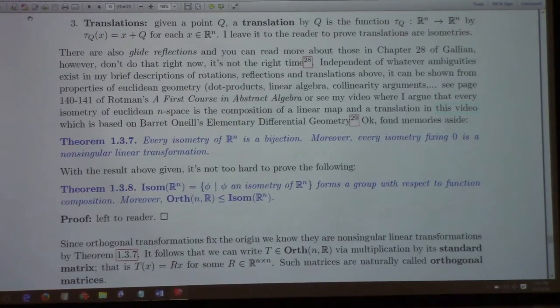Once you know that, there are lots of easy theorems we can prove, which is why we're covering this, because they're good theorems that test the subgroup test and all the things that we're learning right now. This theorem, for example, says that the isometries form a group with respect to function composition. The key that makes this easy is that you know they're non-singular linear transformations from up here.